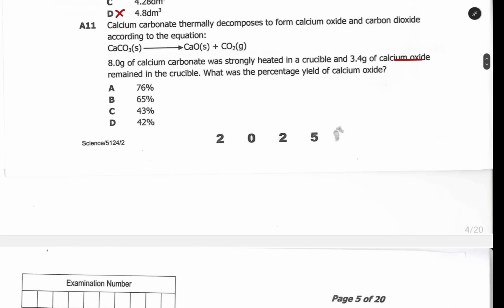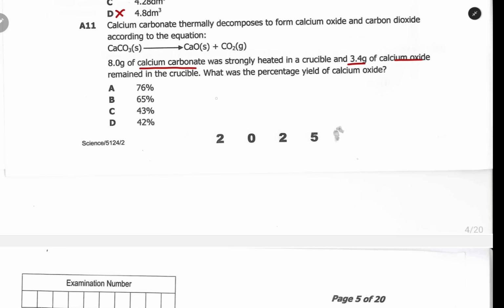They are saying 8.0 gram of calcium carbonate was strongly heated in a crucible, and 3.4 gram of calcium oxide remained in the crucible. What was the percentage yield of calcium oxide?